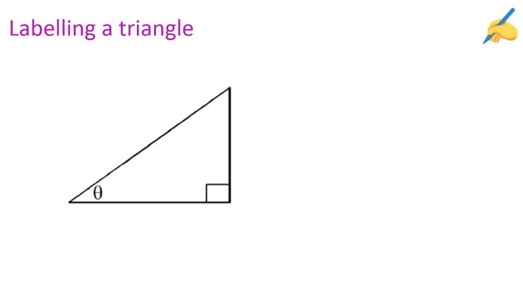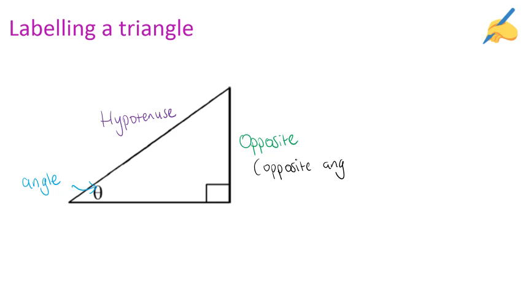I'm going to show you how to label the whole triangle. So we already know this is a hypotenuse. This little symbol down here, this is an angle. We call the side opposite that angle the opposite side. So that's because it is opposite the angle.